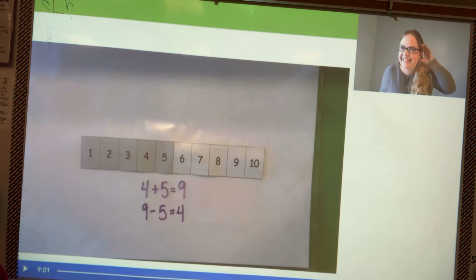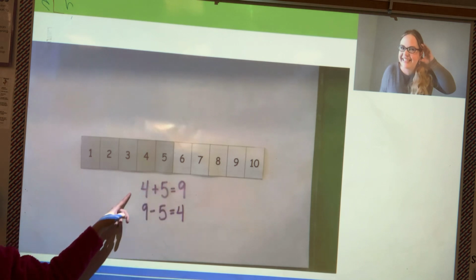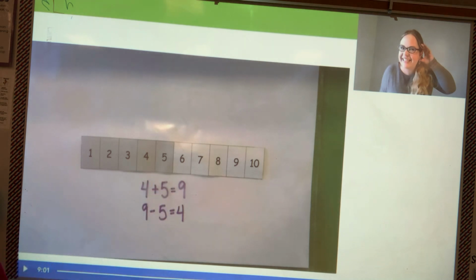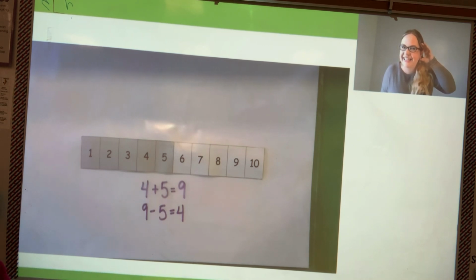The 4, the 5 and the 9 are in different places. Yes, it's the same numbers, just used in different places. Let's see what Ms. Hawkins says. Very good. Yes, we ended up back where we started at number 4, didn't we? The number sentences undo each other.